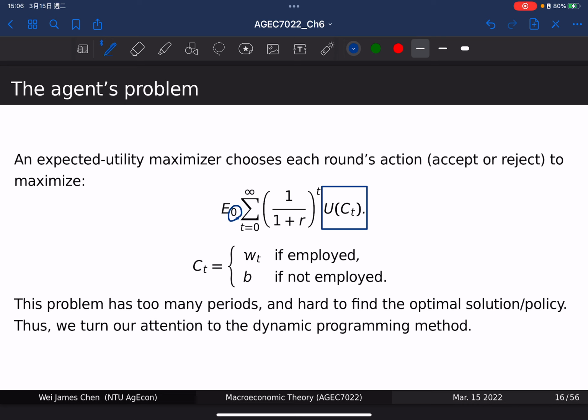And this 1 over 1 plus r is just the discount rate. Some people would define this as beta. Because we have infinitely many periods, we must do some discounting, otherwise the whole utility is not bounded.